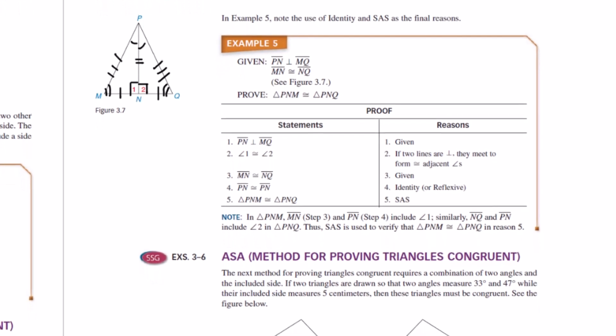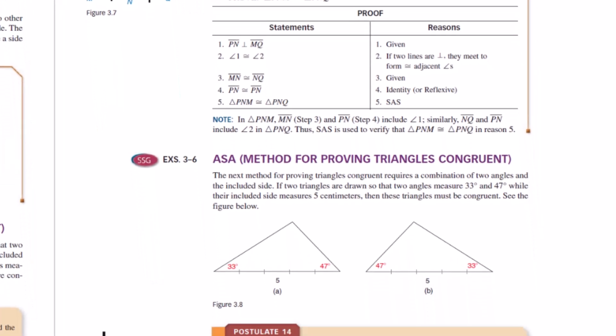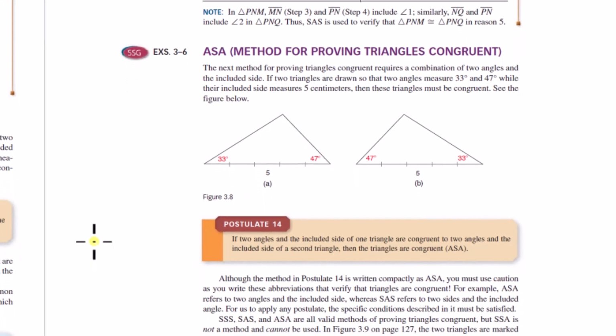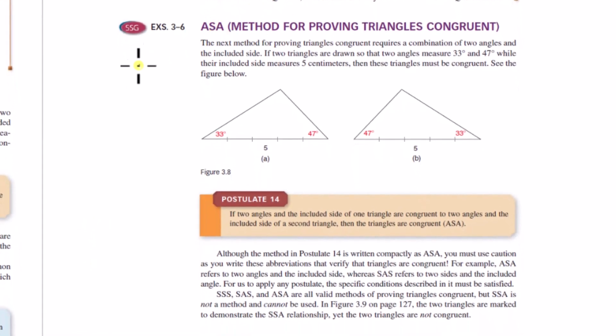Okay, great. Next, we have another congruence postulate we can use, the angle side angle congruence postulate. And remember, the order of the letters absolutely matters, because it tells you what's included between what, as far as the criteria. In this case, we've shown that two angles of two separate triangles are the same measure.